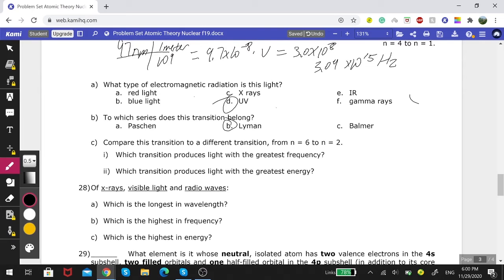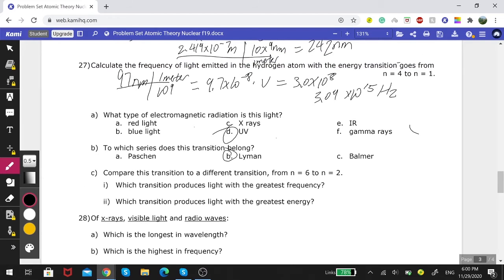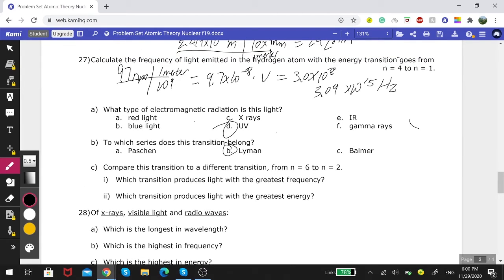Which transition produces the greatest frequency? So higher frequency equals higher energy. Okay, so the answer to both of these will be the same. The lower the wavelength, the higher the frequency. So the smaller the wavelength, the higher the frequency.